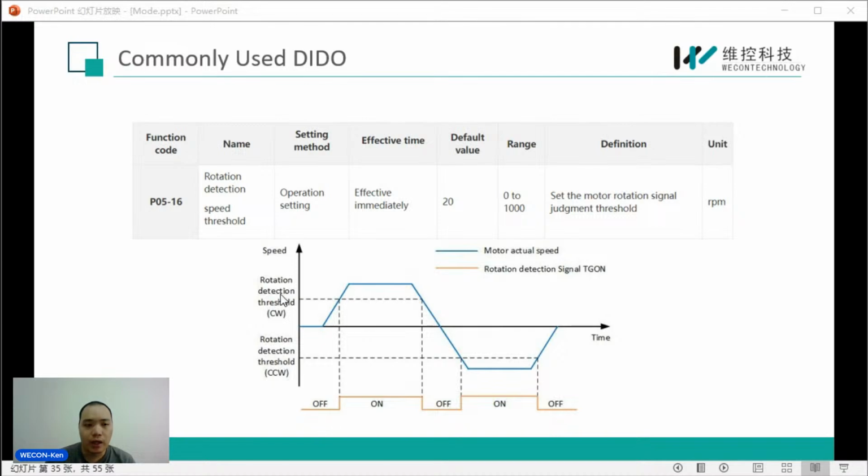This means when the speed of the motor exceeds the value we set, the DO will send an on signal, and when the motor actual speed is lower than the value, the drive will send an off signal.